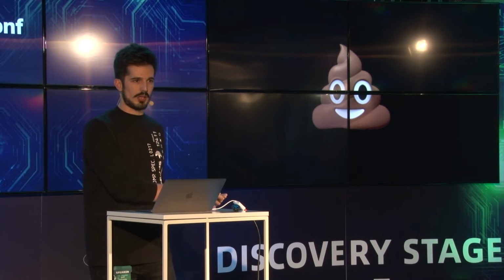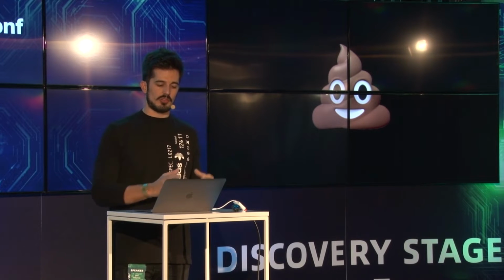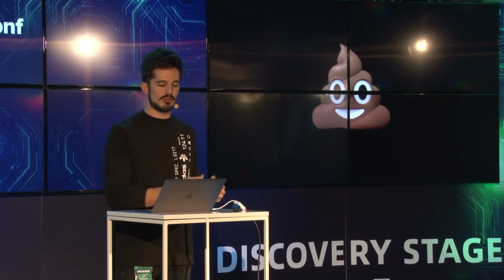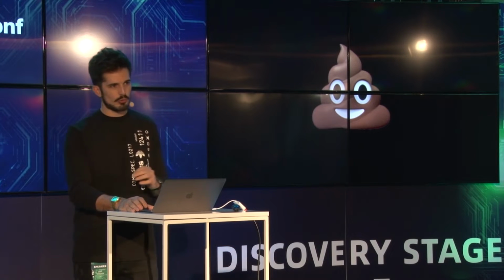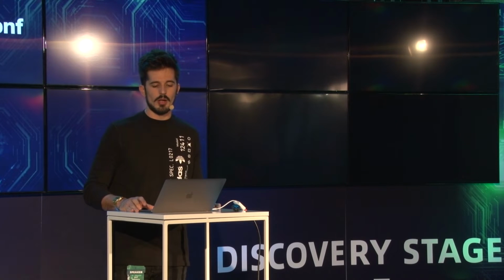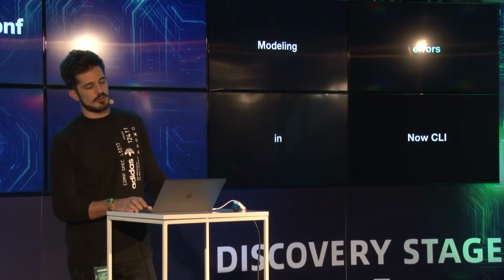So once you have it ready, you don't think about what can go wrong. So it's very important in all applications to handle errors and to force yourself to handle errors. This is a super important topic in my opinion, so that's why I want to share with you how we can model errors in Now CLI.